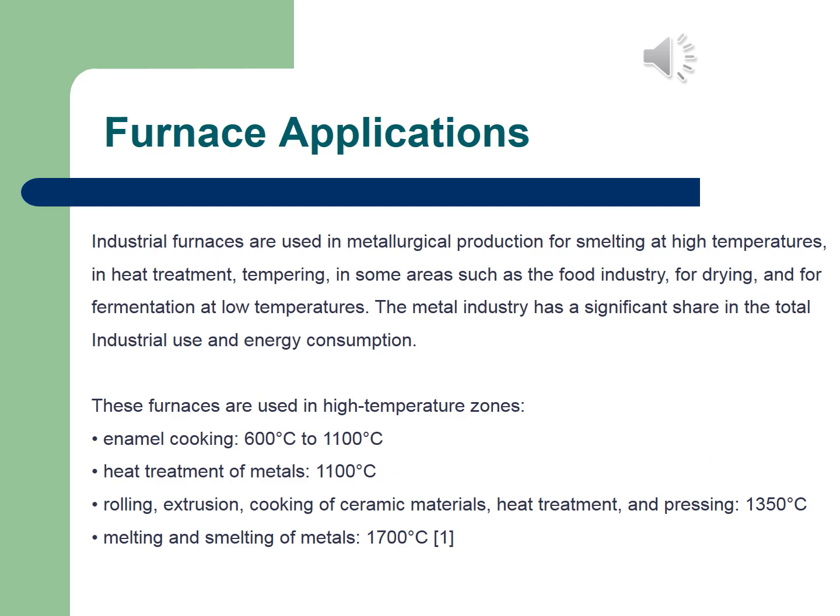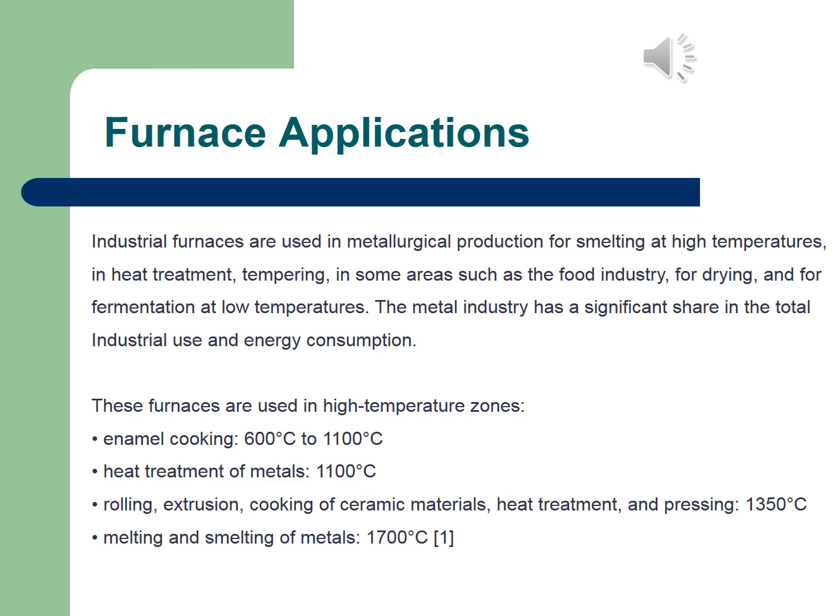If we look at typical furnace applications, industrial furnaces are used in metallurgical production for smelting at high temperatures, in heat treatment, tempering, and in some areas such as the food industry for drying and for fermentation at low temperatures. The metal industry has a significant share in the total industrial use and the energy consumption, of course.